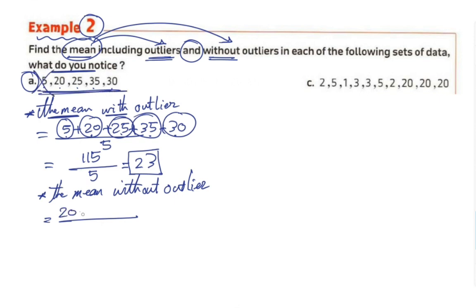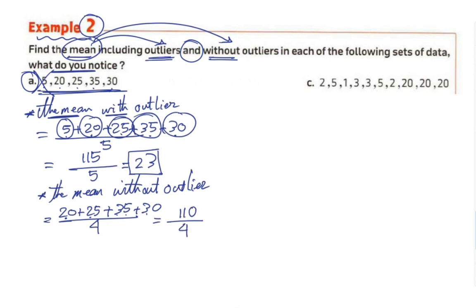So we have 20 plus 25 plus 35 plus 30, divided by 4. Let's add: 20 plus 25 equals 45, plus 30 equals 75, plus 35 equals 110, divided by 4.